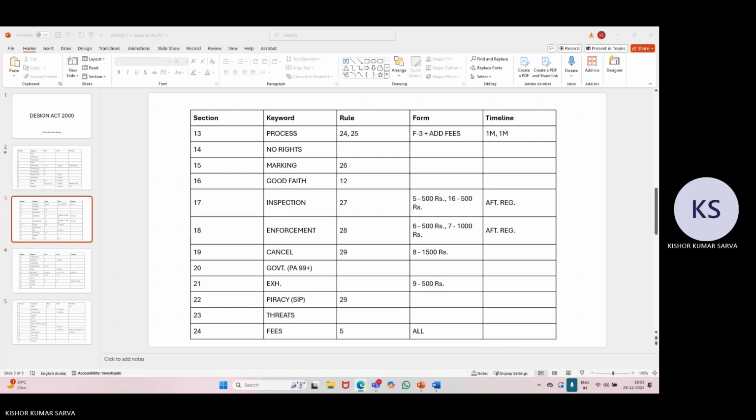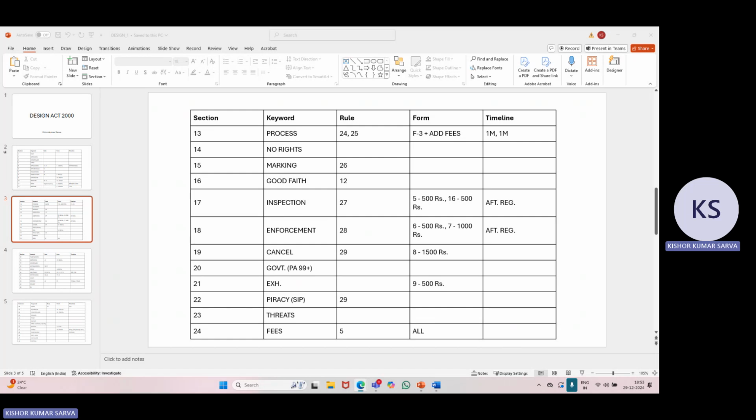So assume that the design is registered and you are an interested person, and you know that the design has been published somewhere else, or you have seen some design, and you know that design already exists before the registered design, which means there is a prior art kind of thing, as we discussed in the Patent Act, right?